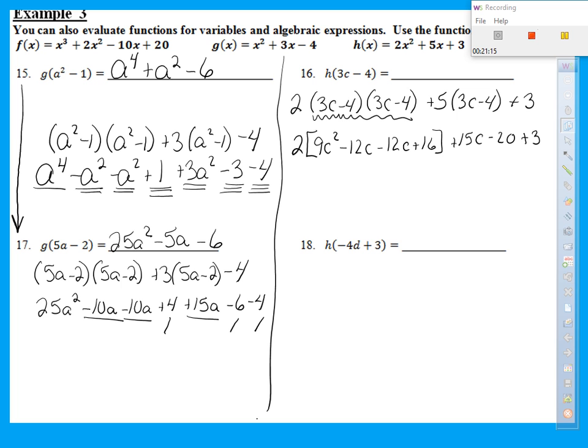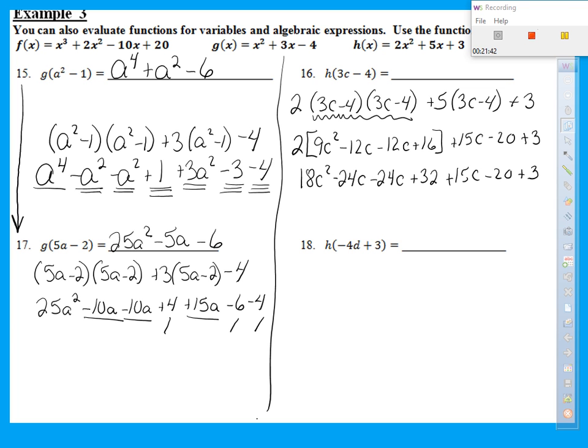Now, we're going to distribute this 2. So I'm going to have 18c squared minus 24c minus another 24c plus 32 plus 15c minus 20 plus 3. So guys, the same thing that we did on 15 and 16, but we had an extra 2 out front that we're going to distribute.